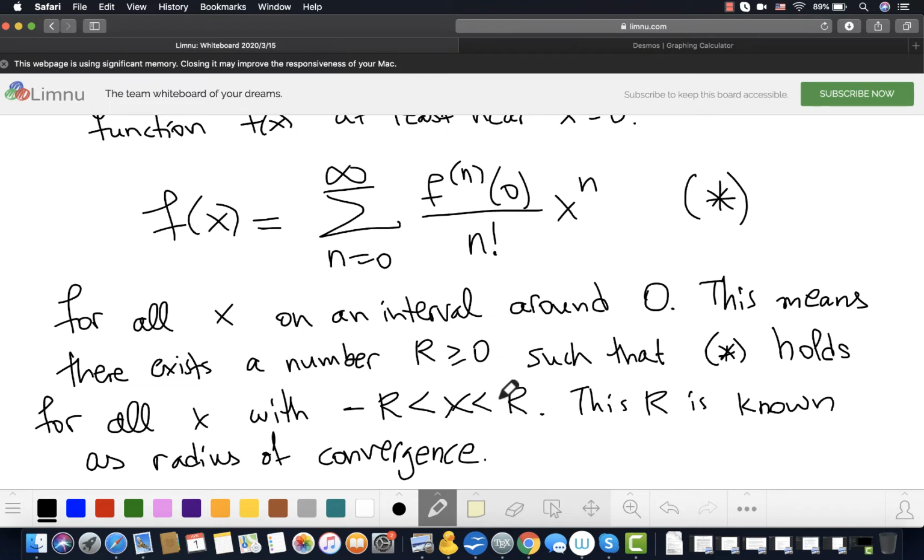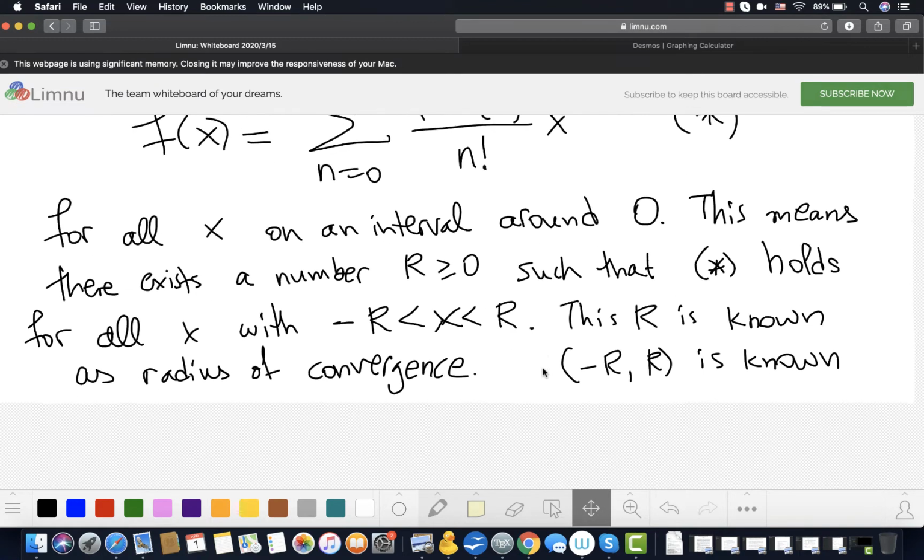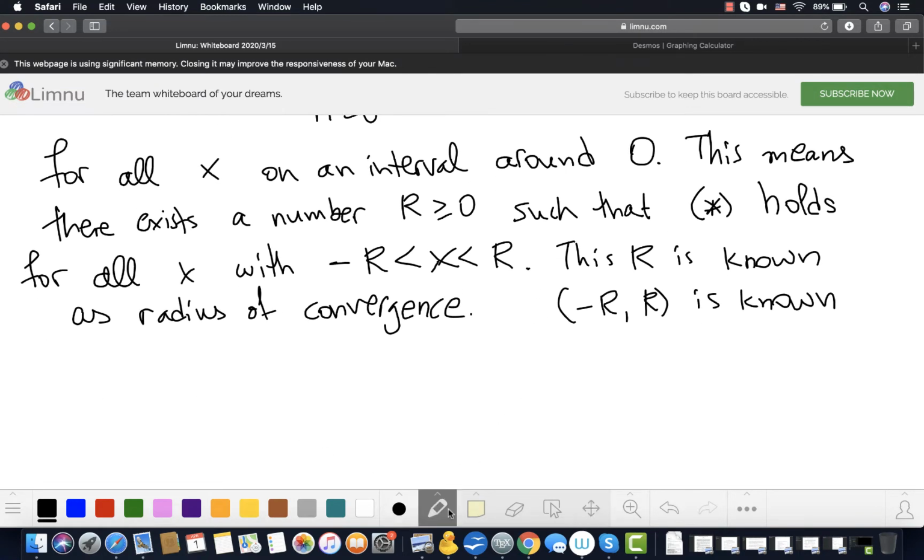And then in this interval, it converges. So this interval from minus r to r is also known as the interval of convergence.